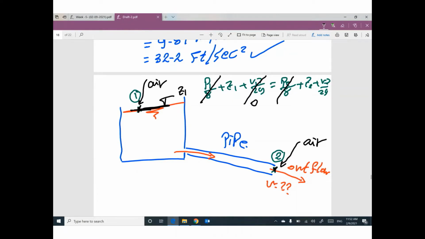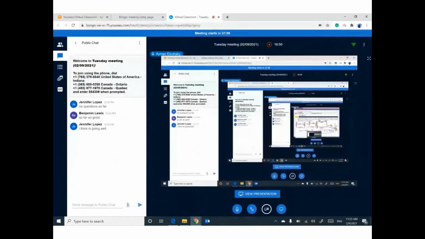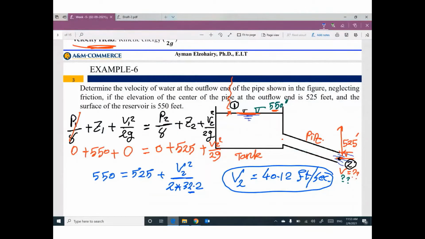It's Z1. What is the elevation here? It's Z2. Then I can apply the rest of the equation to figure out the velocity at the outflow. This is what I did in this example. One more time, do you have any question? If you have any question, let me know.